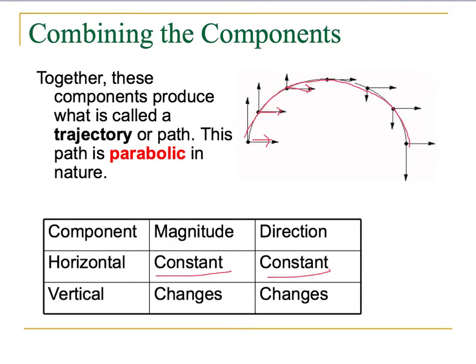While the vertical velocity is going to change its magnitude and change its direction. It's going to decrease as it goes up and then increase as it comes down. And one nice thing to note about this trajectory is that because it's a parabola, it's symmetrical, and so this side is identical to this side, and that'll come in handy later.